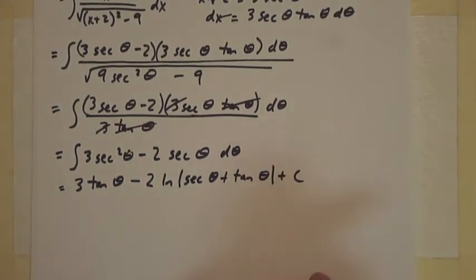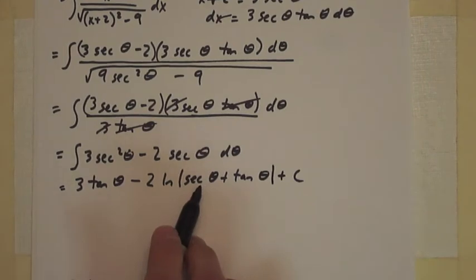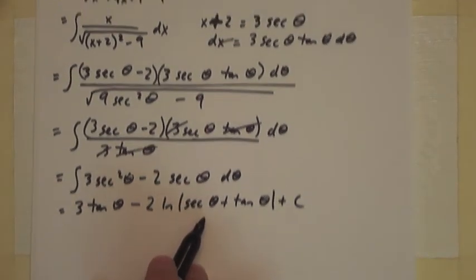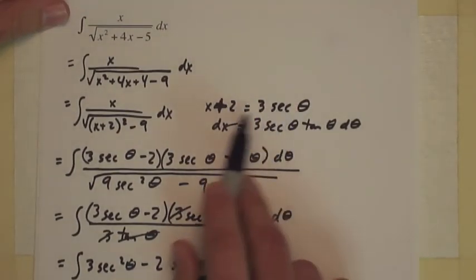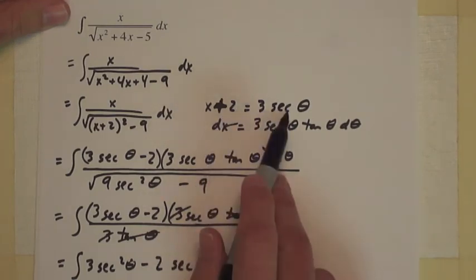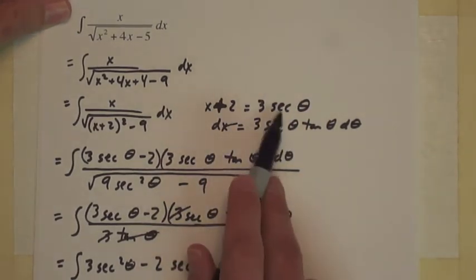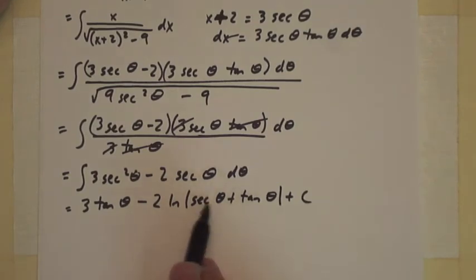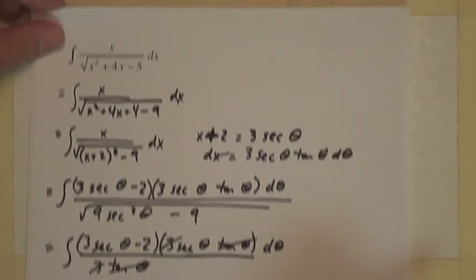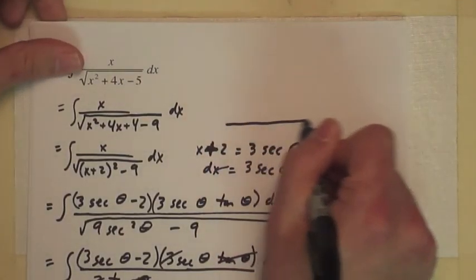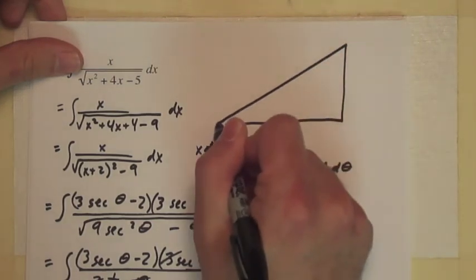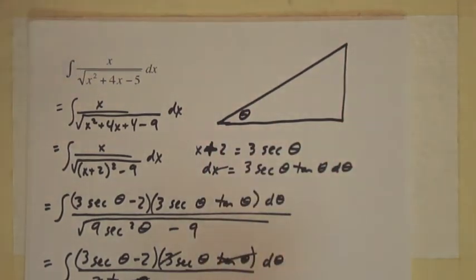Now, our original question is not about theta, but it's about x. So we have to go back here to see how x and theta relate. And we don't only have secant, we also have to figure out stuff about tangent. So again, as in the previous example, we should draw a triangle that captures the situation.